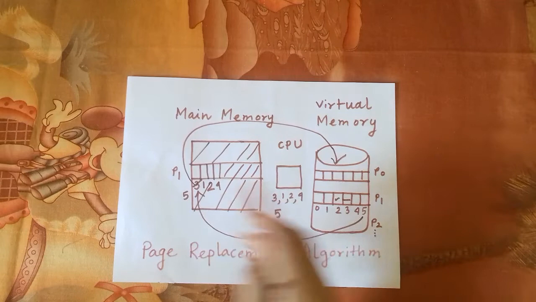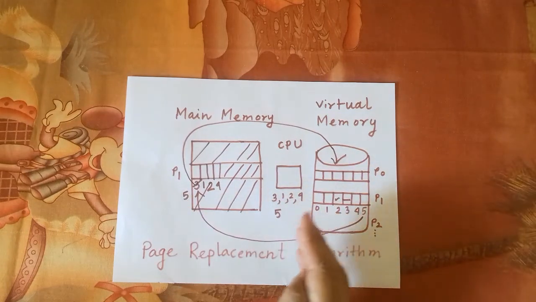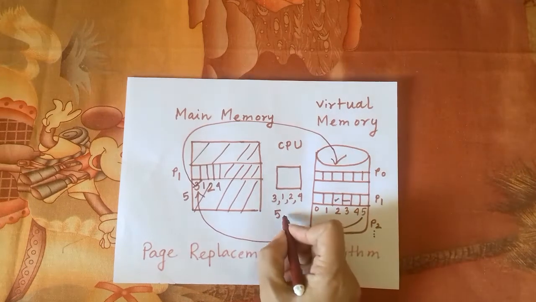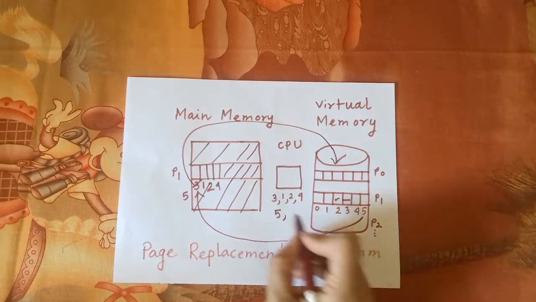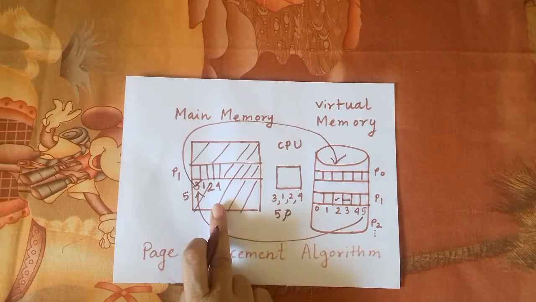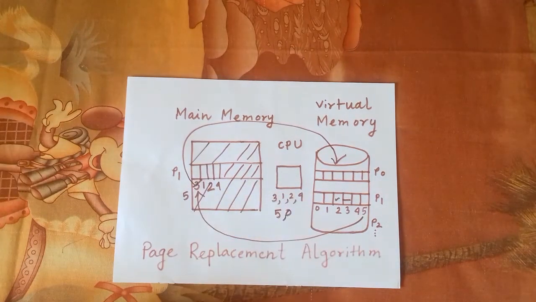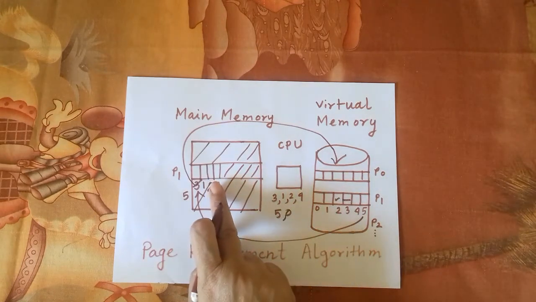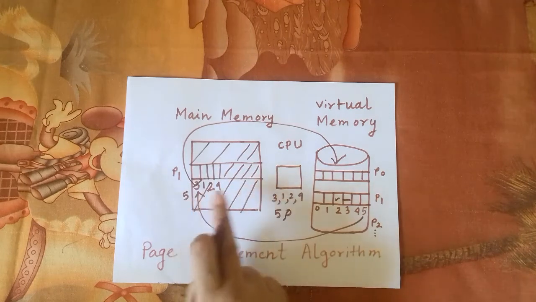And continuously like that page fault will keep on happening for the remaining reference pages. Suppose the next reference page is 0, which is not available. So again 1 page fault will occur. 1 page has to be replaced. And why will page replacement occur? Because the page has to be brought to main memory, but main memory does not have sufficient space to keep that page.